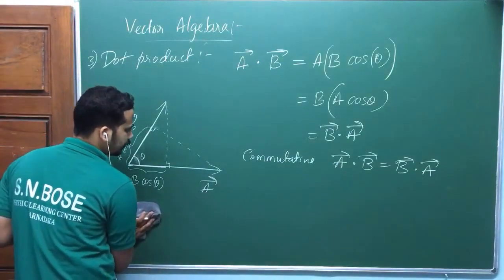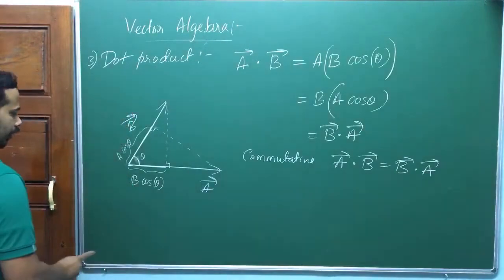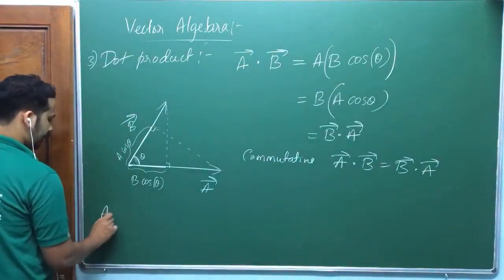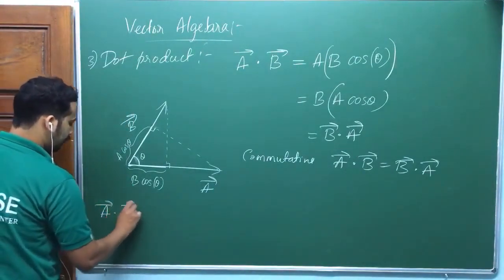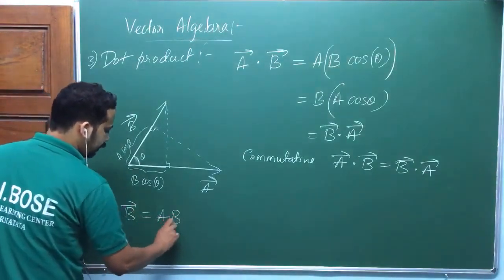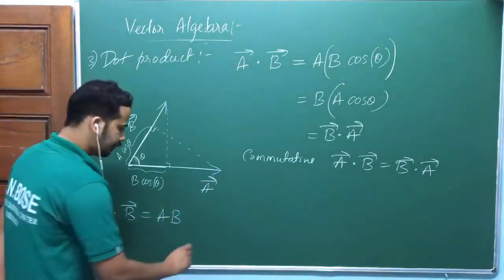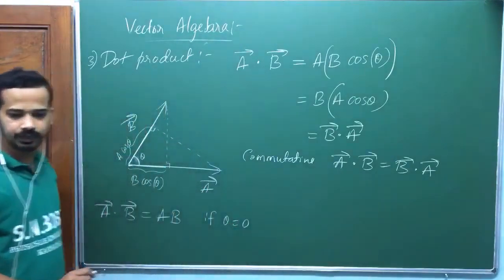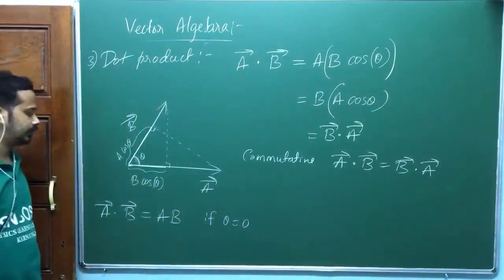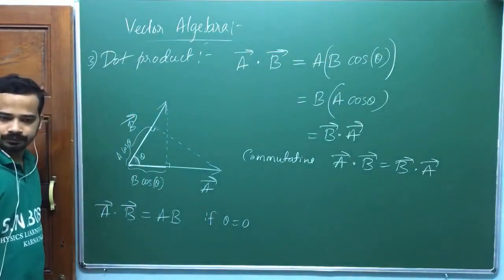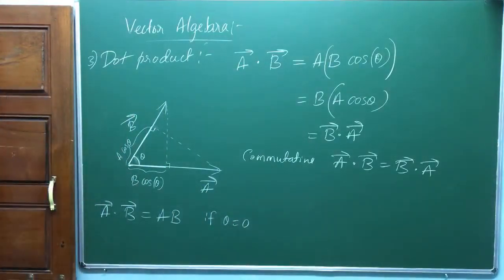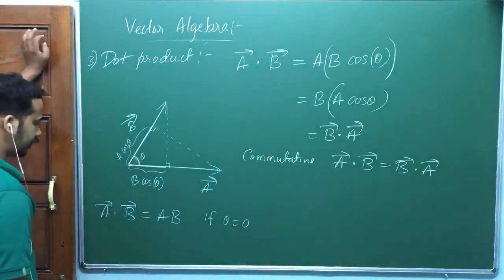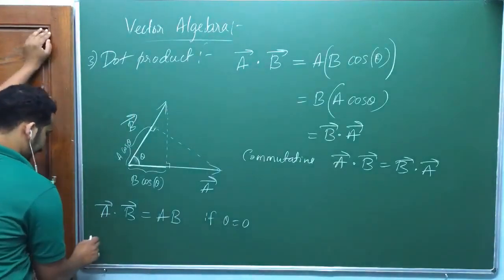Now two things are there here, okay? A dot B is equal to AB if theta is equal to 0, isn't it? Cos 0 is 1. Is that okay? Now look here.